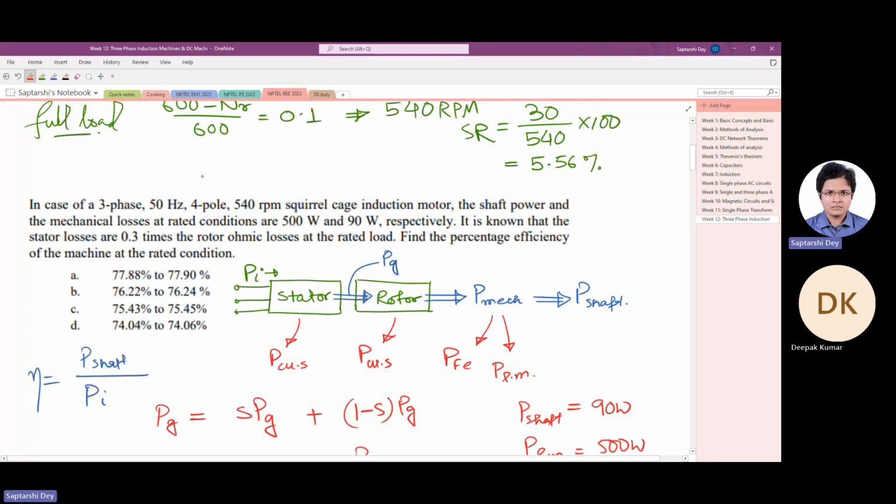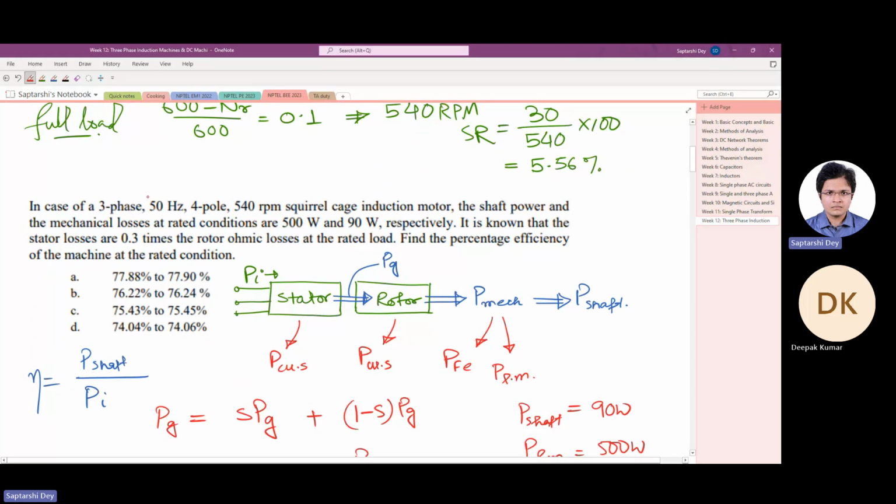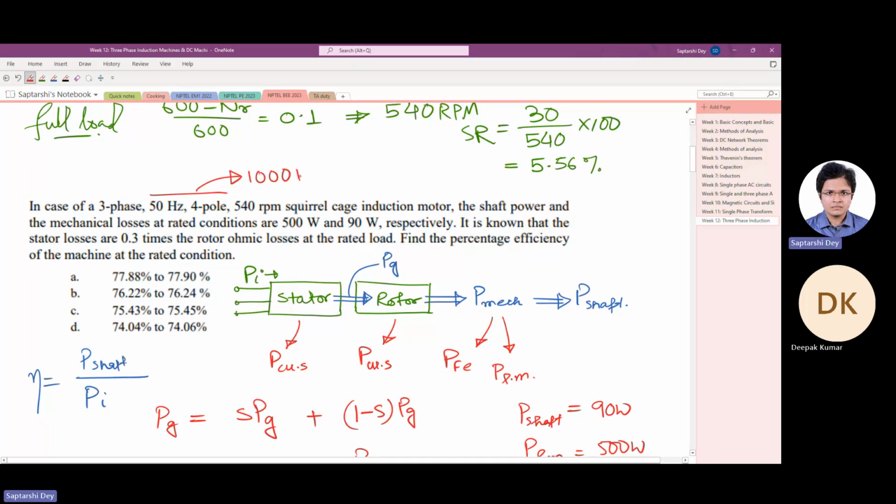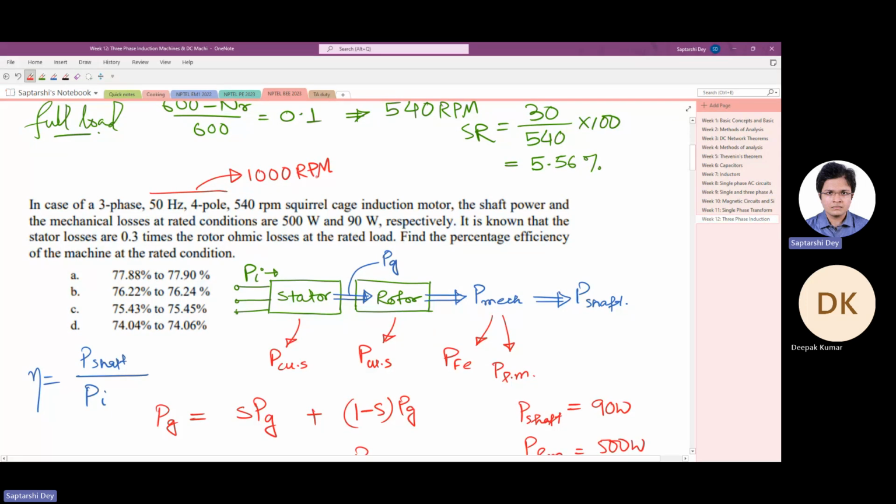It's a 4-pole machine. Now see, 50 hertz 4-pole gives you 1000 rpm. So synchronous speed is 1000 rpm and rated speed is 540 rpm. That is too unrealistic.